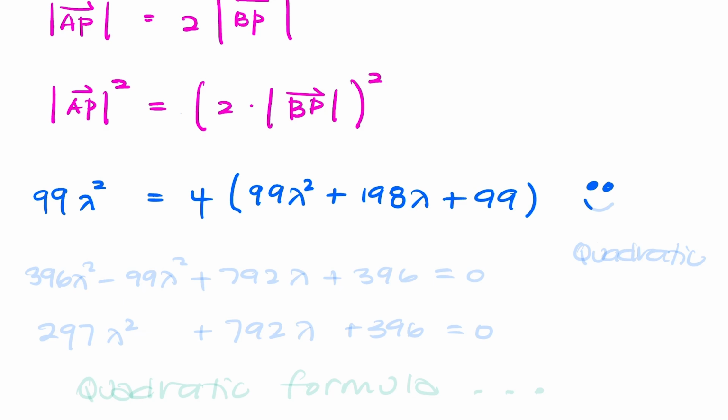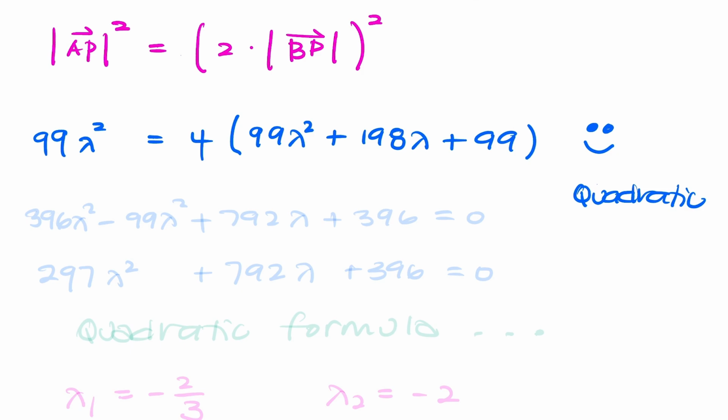And that's really good news because now we have a quadratic and we know how to deal with that. I might have written 98 there, I meant 99. Okay, so now we can open up the brackets and move everything to one side, equate it to 0. We now have a quadratic equation that says something like 396 lambda squared minus 99 lambda squared plus 792 lambda plus 396 equals 0.